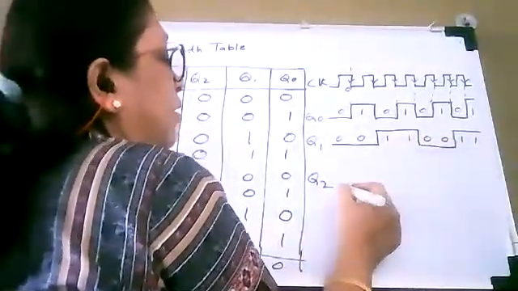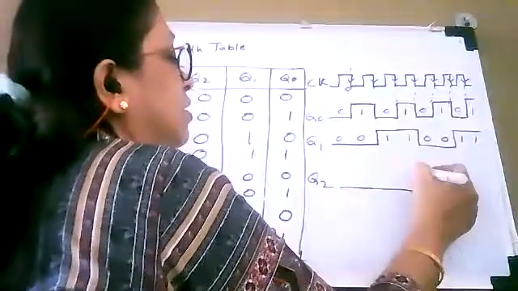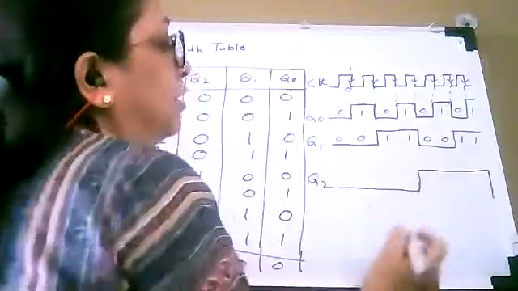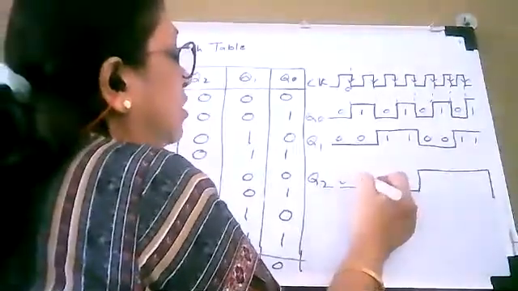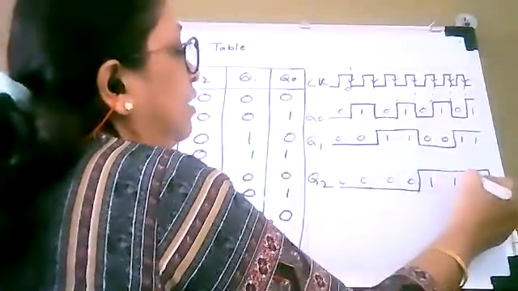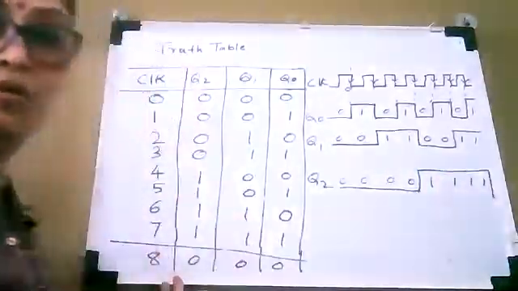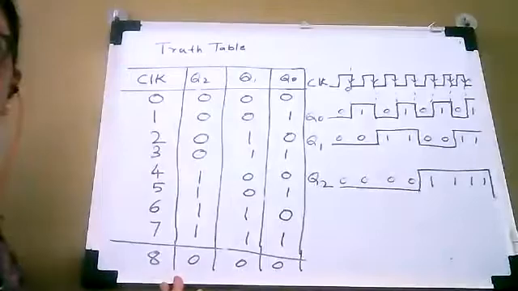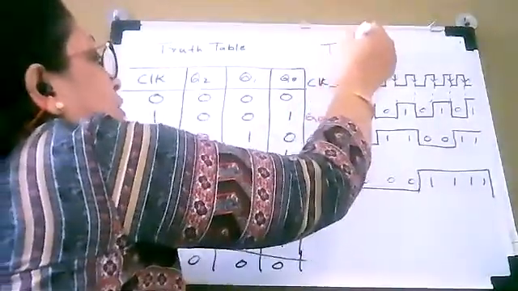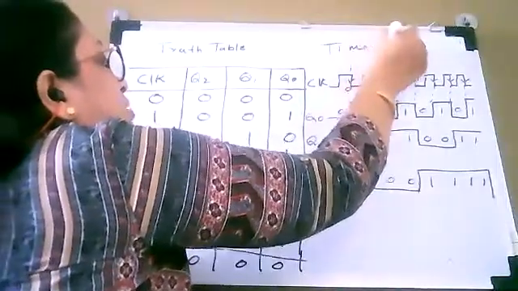So here for 4 clock pulses it is 0, and for remaining 4 clock pulses it is 1. Okay, so 0, 0, 0, 0 and 1, 1, 1, 1. So this is how we are going to draw what is called a waveform or timing diagram.